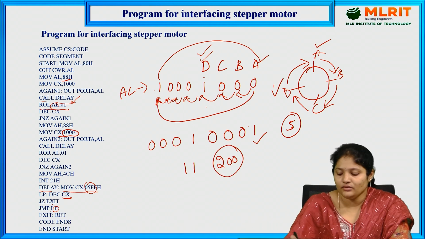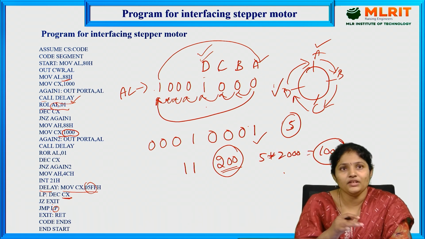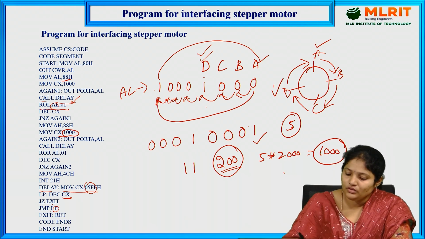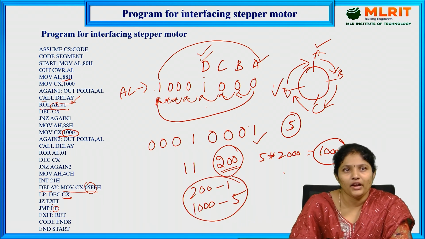So for one step, it will take 200 rotor positions. To rotate 5 rotations, I need 5 into 200, which is 1000. For 200, it will be one rotation, and for 1000, it will be 5 rotations.